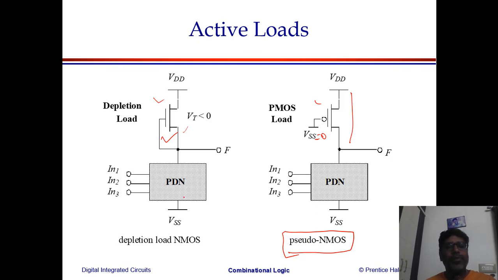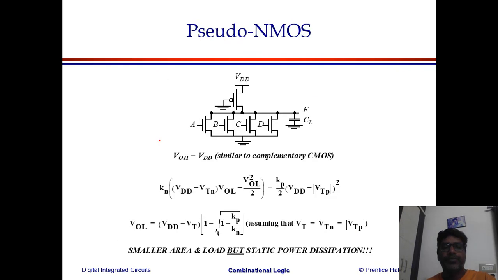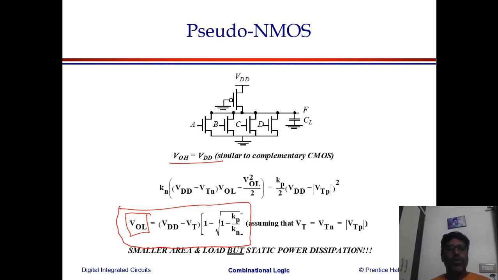There is also the depletion type NMOS, a MOSFET which is permanently on, where the gate and the drain are shorted. Okay, so that's what we have seen. So output high will be equal to VDD. To quantify exactly what the output low is, you can just equate the current flow, and thereby you will end up with a formula wherein output low will be equal to VDD minus VT1 minus Kp by Kn, by direct substitution.